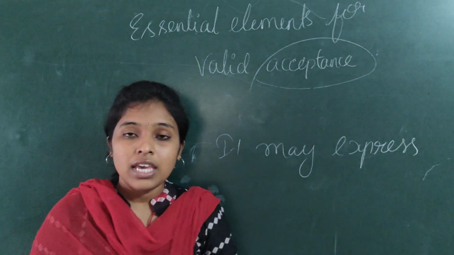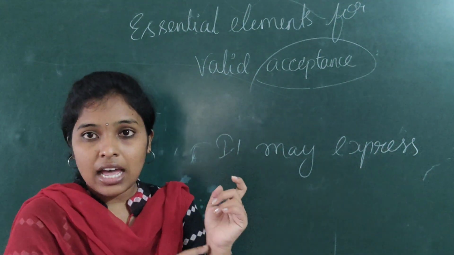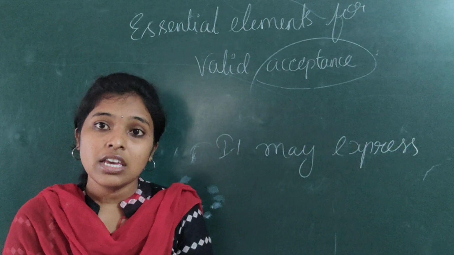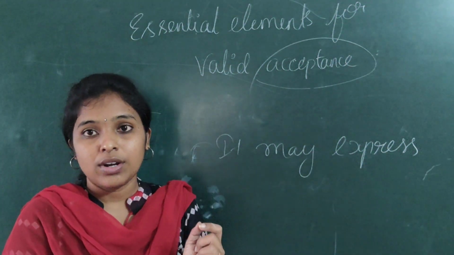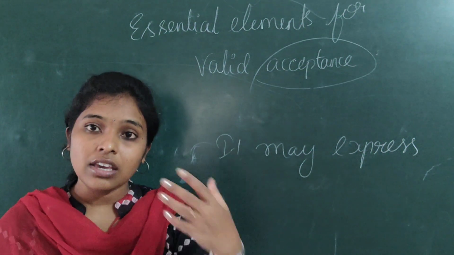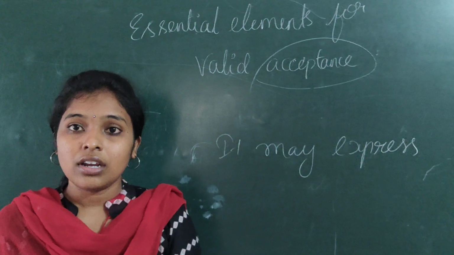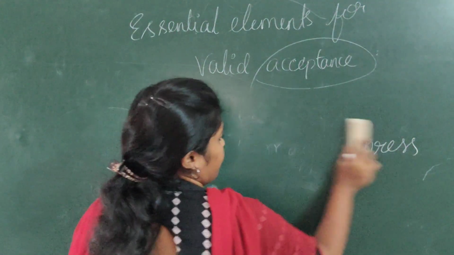For example, I wanted to sell this watch for 100. I gave the offer to another person and he liked it and took this watch for 500 rupees. Completed. I have expressed and he is interested and he took it. Completed.